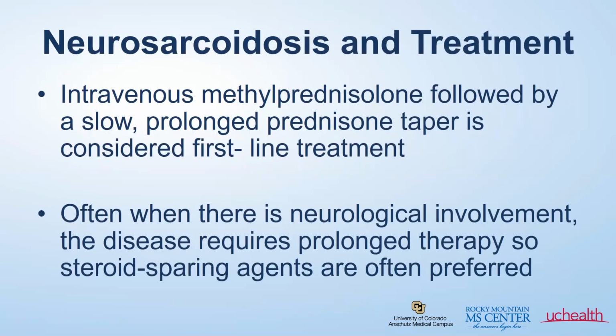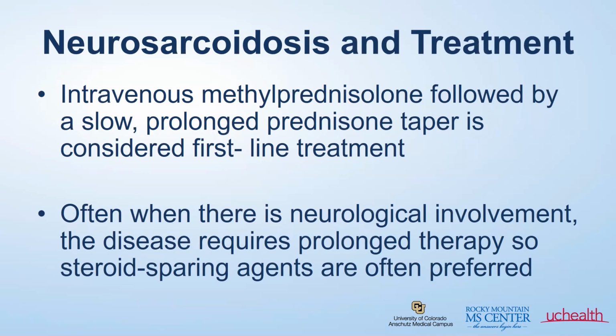In terms of treatment, steroids are often used as early first-line therapy. We often use IV steroids followed by a long, prolonged oral taper. Unfortunately, when the brain and spinal cord are affected, steroids are often not enough.